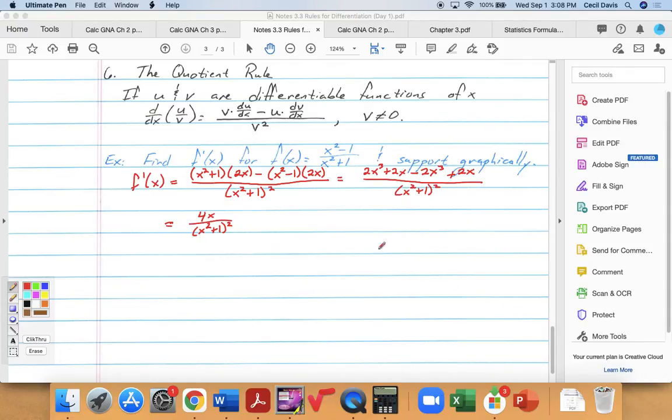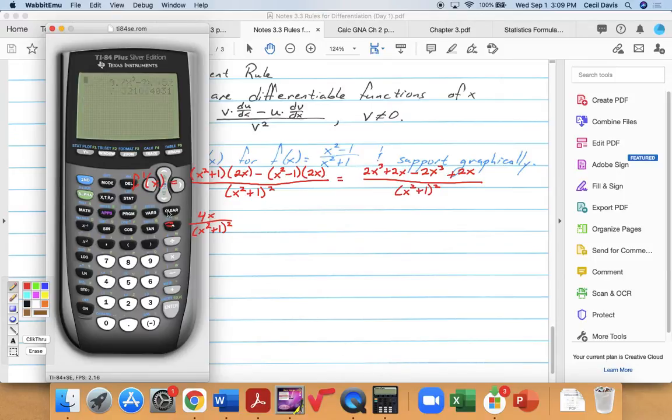How do we support that graphically? Well, we're going to use nDeriv to take the derivative of this on our grapher and also graph this and see if they're really the same graph. So let's do that. So clear that out. So I want 4x over the quantity x squared plus 1 squared.